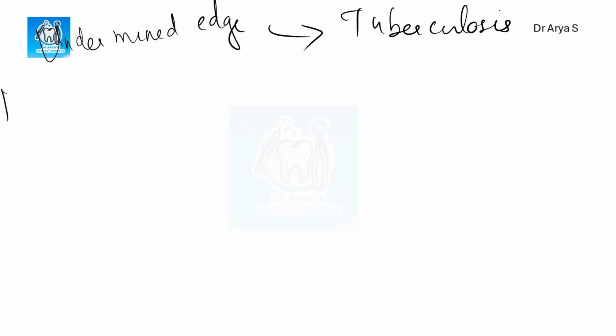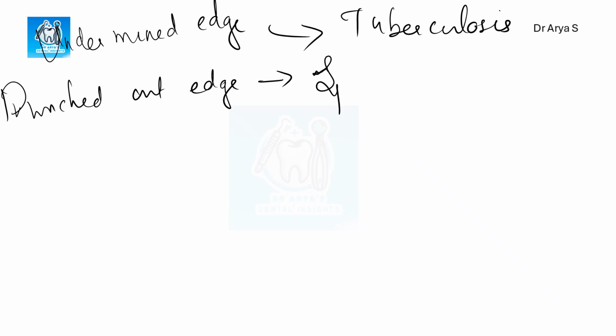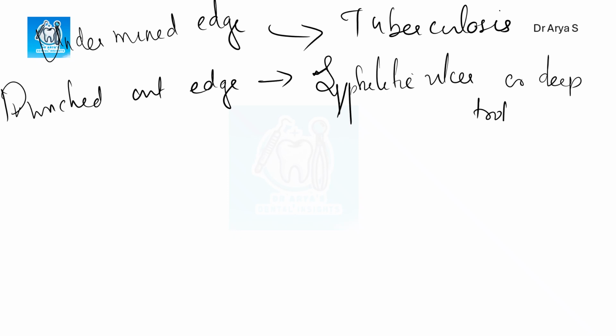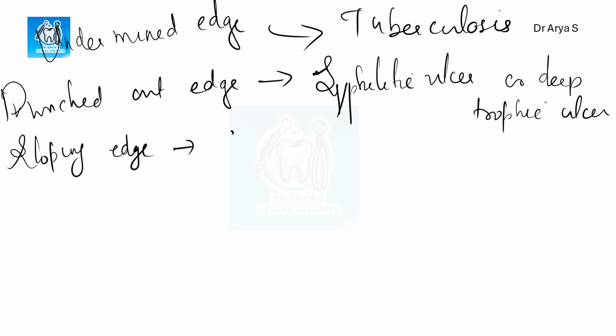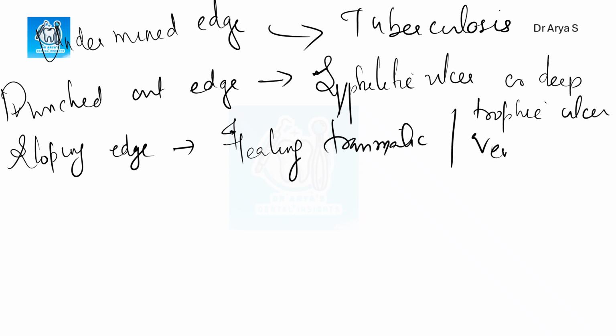Then coming to the punched out edge, it is seen in syphilitic ulcer or deep trophic ulcer. Then coming to the sloping edge, it is seen in healing, traumatic, or venous ulcer.